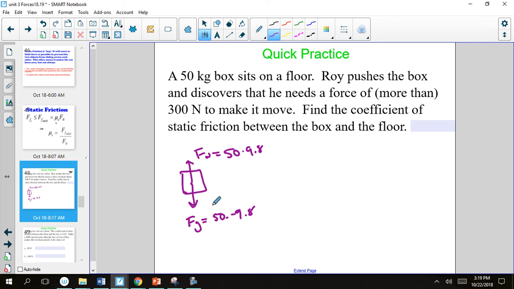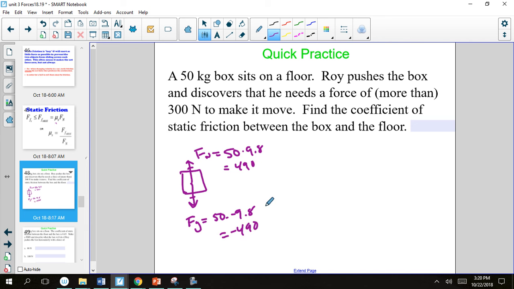Right? And those two should balance out. They should equal each other, otherwise it would be moving up or down. And this is very important to remember because we're going to need this later on as we go through. All right, so that equals 490, and that equals negative 490.